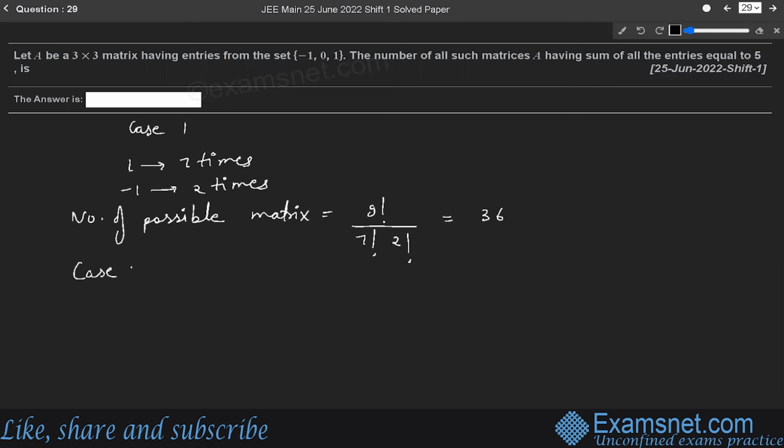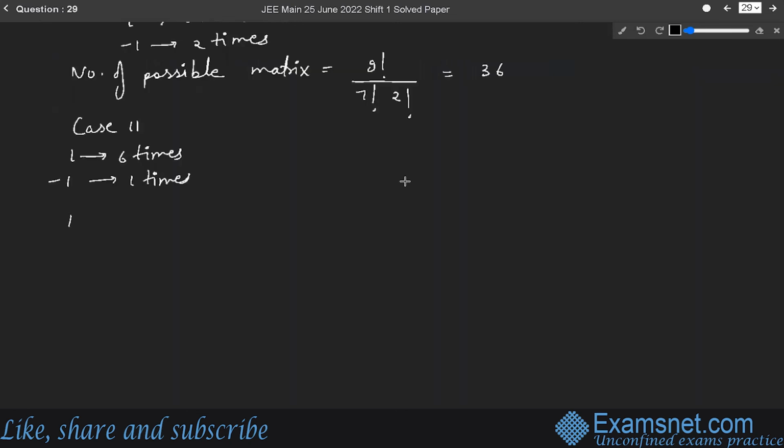Now, the second case is when 1 occurs 6 times and minus 1 occurs 1 time. So for this case, the number of possible matrices will be 9 factorial divided by 6 factorial into 2 factorial, since we know that 0 will occur 2 times. So this will be equal to 252.